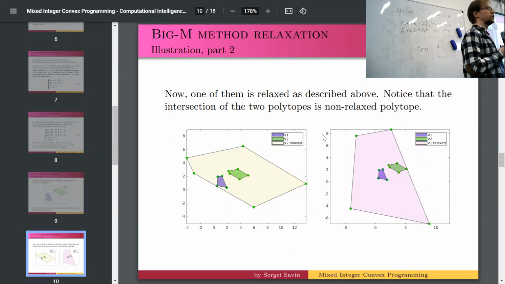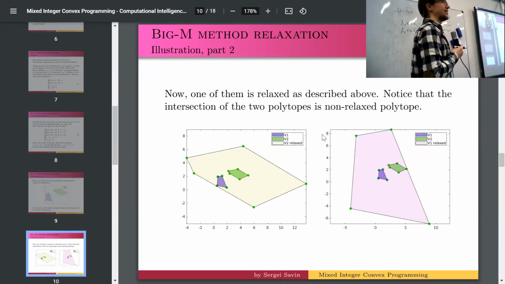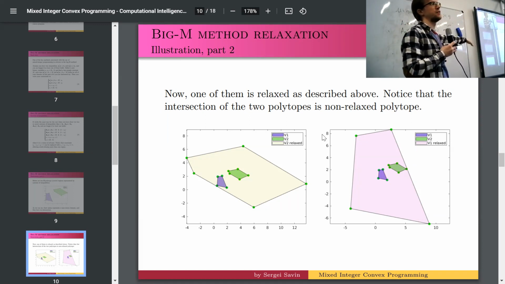No, we did not. Let me state it again. The original polytopes, we got them by calling vertex enumeration on Ax less than or equal to b. So A and b are the input parameters to vertex enumeration. The output is vertices. We plotted them on the graph.